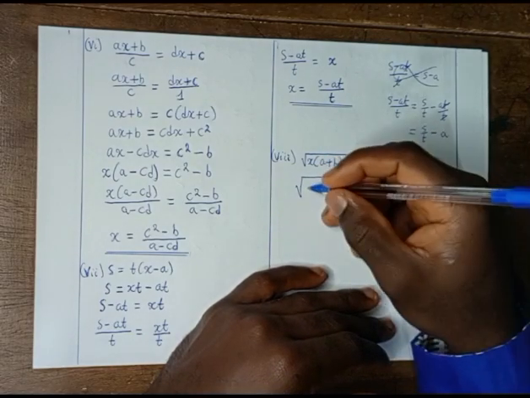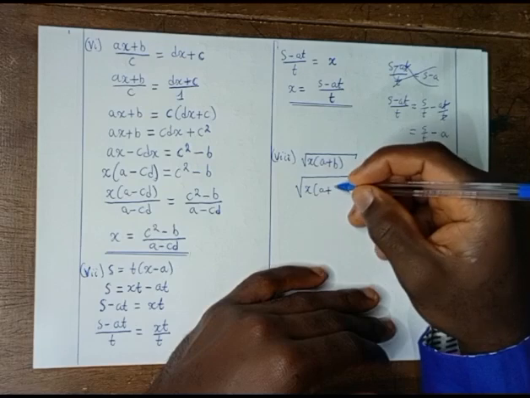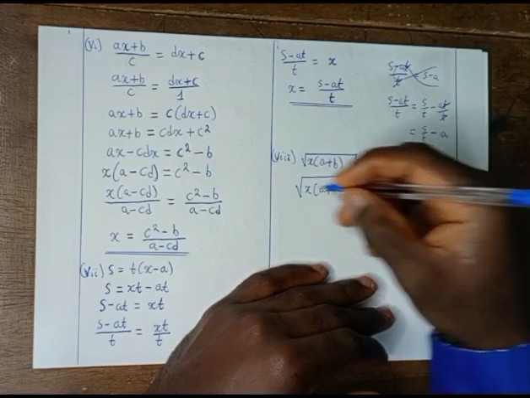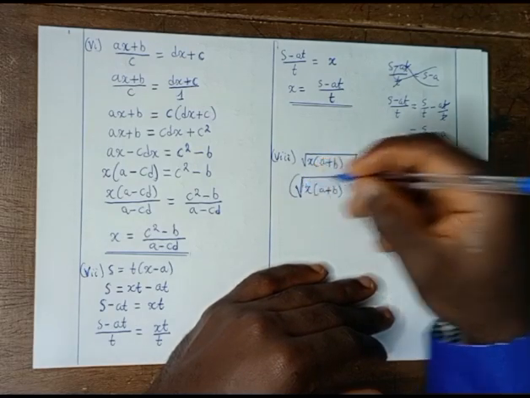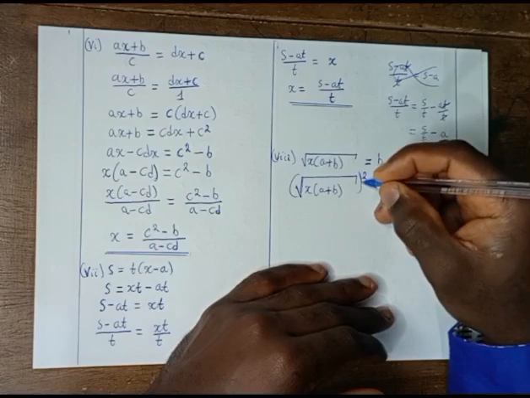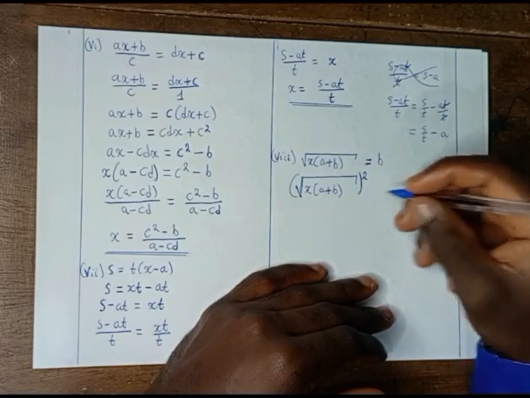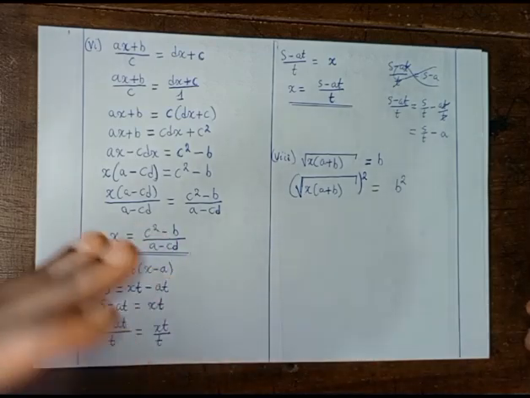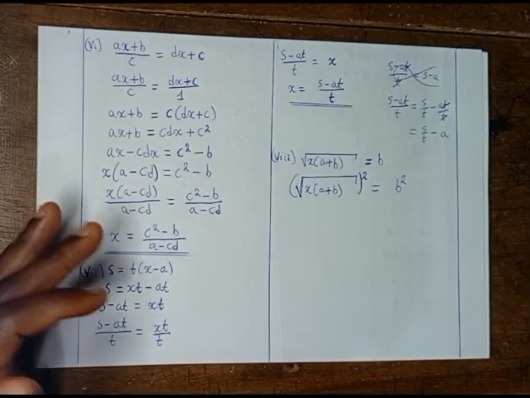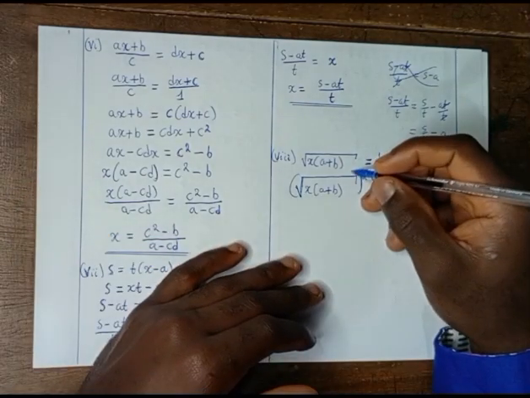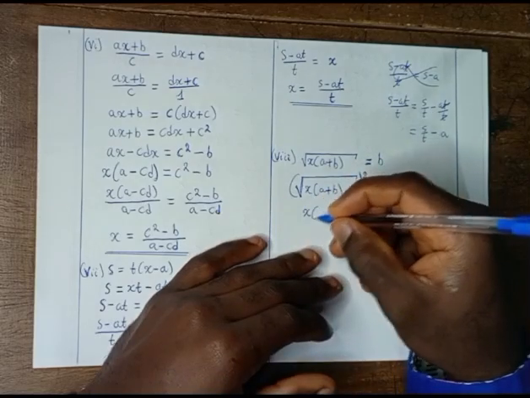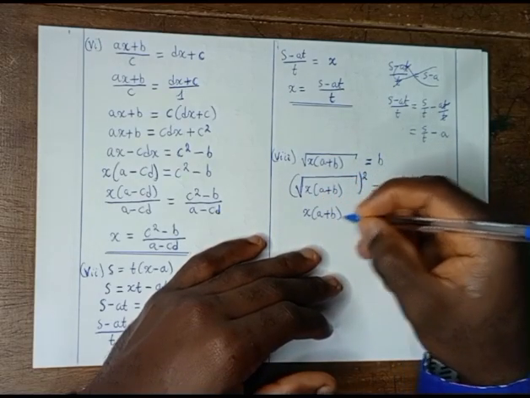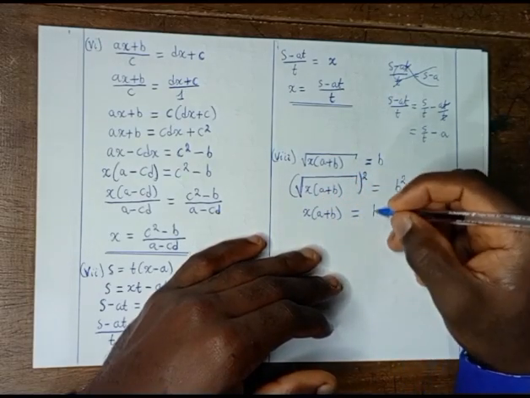By squaring both sides, we know this is the reverse of this. It will simply be equal to b squared. If you square the left hand side, you must square the right hand side. This and this will cancel. We'll be left with x times a plus b is equal to b squared.